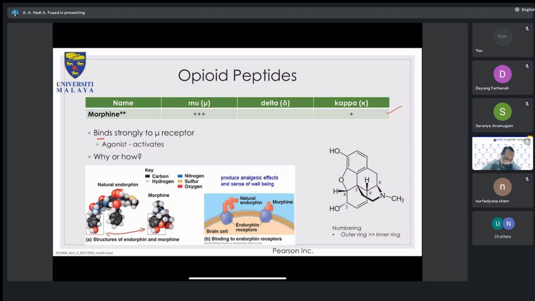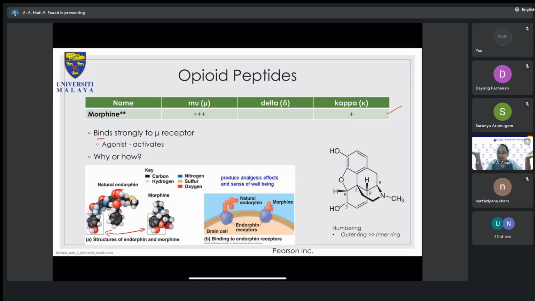Okay, so endorphin receptors are part of opioid receptors. The naming system is kind of redundant, because originally it was found that opioids bind to it, so you call it opioid receptors.